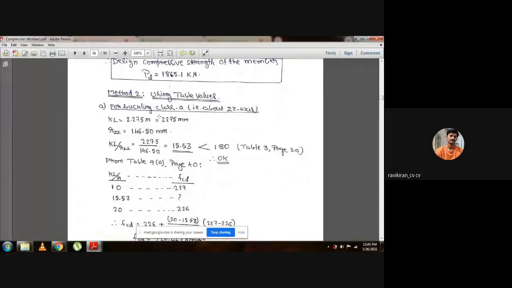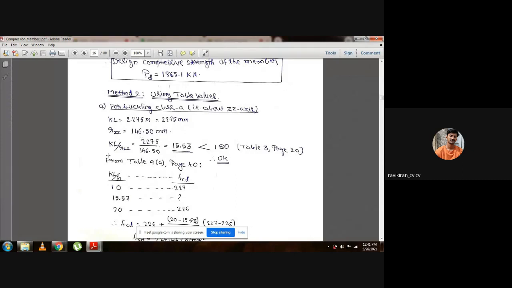So we have noticed buckling class A as well as buckling class B, right? So using table values, that is method 2, for buckling class A, about ZZ axis, KL, that is effective length is 2.275 meter, RZZ, radius of gyration in Z plane, it is 146.5 millimeter.